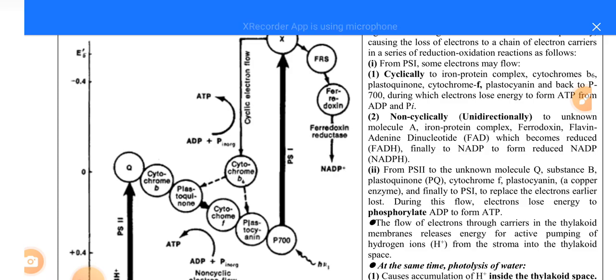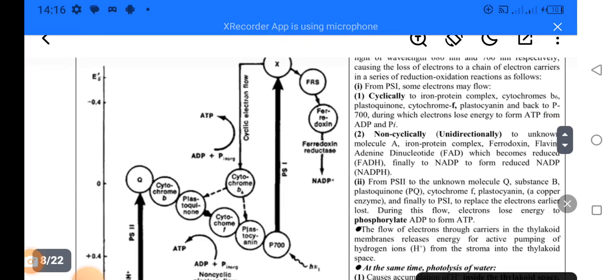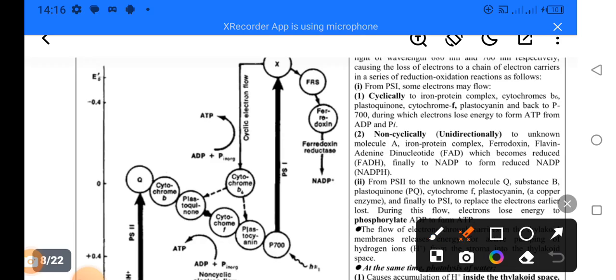Then number 2, the non-cyclic, this one is unidirectional, to the unknown molecule A. Then from there, the iron protein complex ferredoxin, this other part here, ferredoxin.